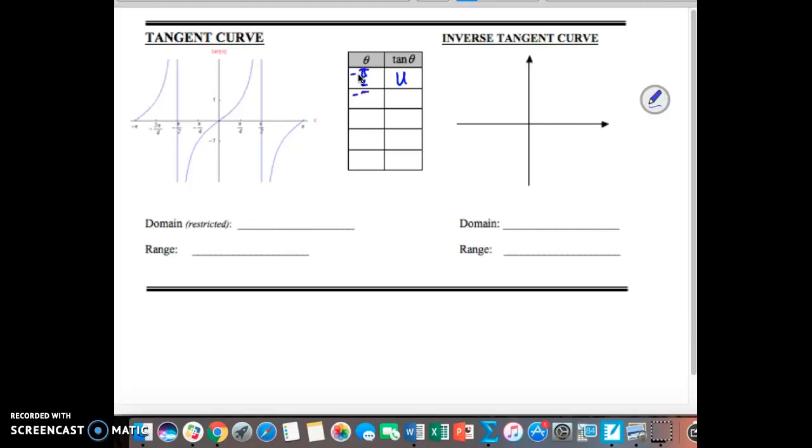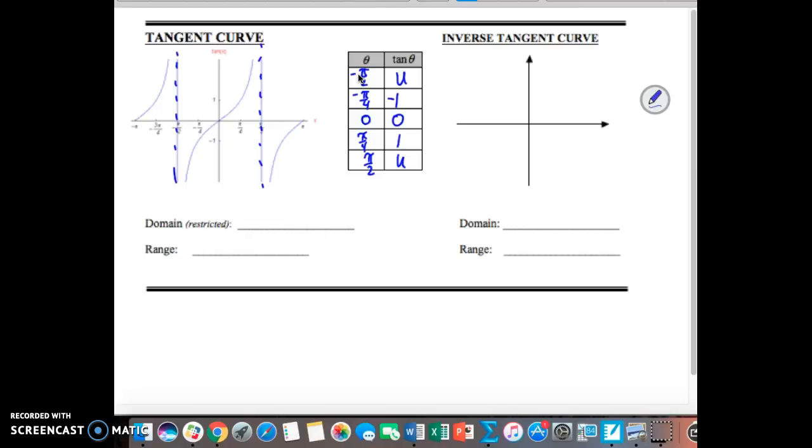When theta is -pi/4, our tangent value is -1. Tangent of 0 is 0. Tangent of +pi/4 is +1. And at +pi/2, tangent is also undefined. So we have asymptotes at -pi/2 to +pi/2.